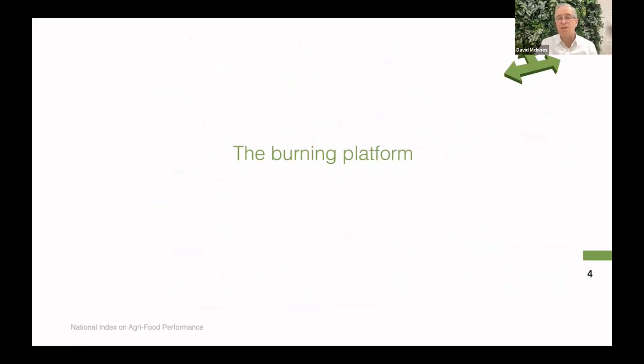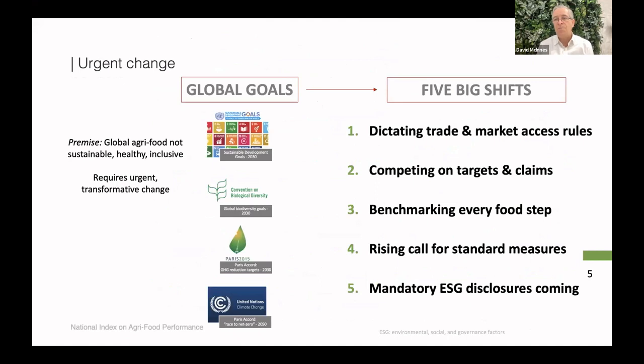So in response to what's going on globally, it should be of no surprise to many of you, but frankly, the world is confronting some fairly serious issues around food sustainability. The global narrative is really that it's not a sustainable food system. And this is having 5 really profound impacts, as you could see there, around the trade environment, around how countries and companies are competing on targets, how everything is being increasingly benchmarked.